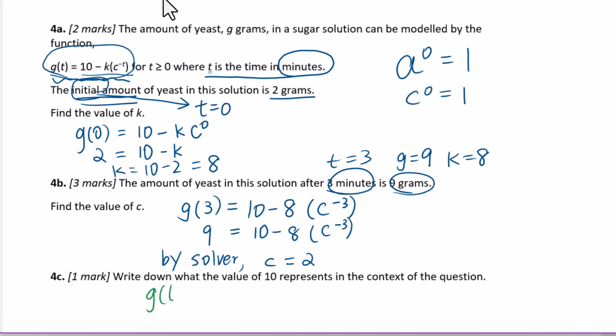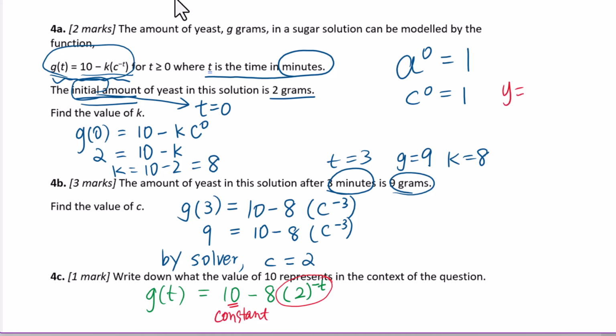Let's write down this equation. G of t equals 10 minus 8 times 2 to the negative t's power. We know this is a power. 10 is the constant.